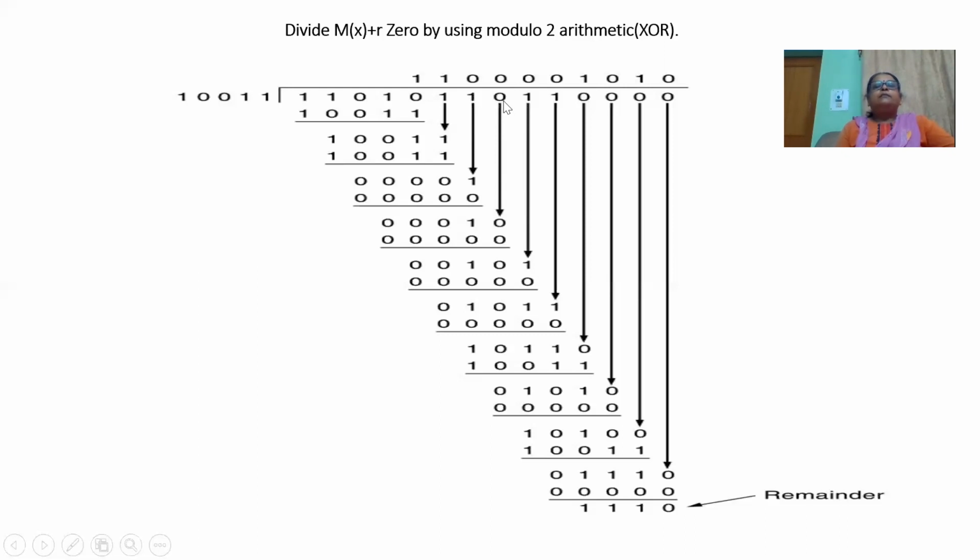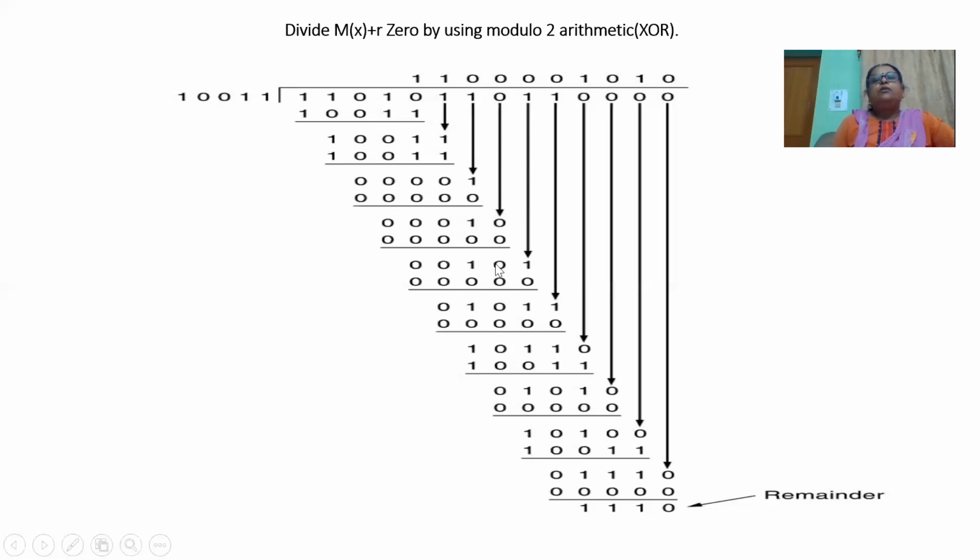Next bit is 0. Since first bit is 0, so I put here 0 and multiply this by 0.